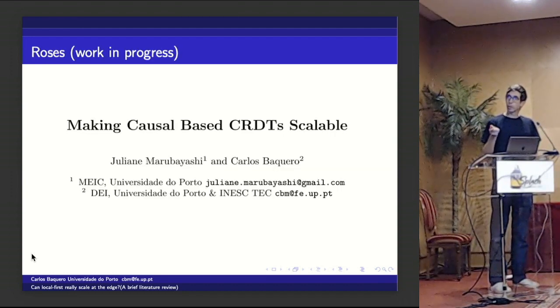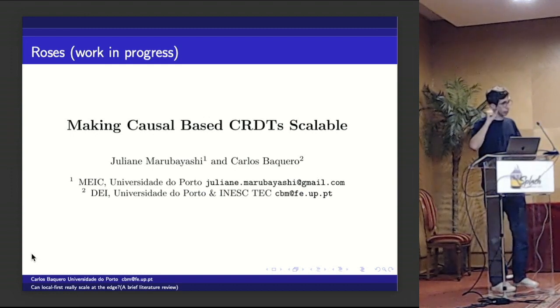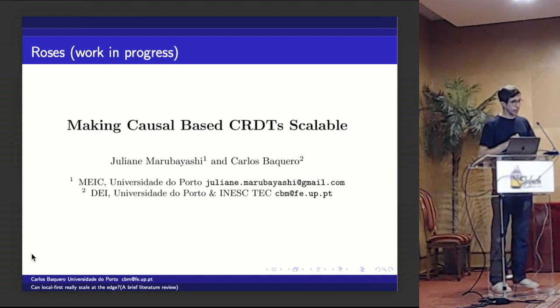So this is ongoing work. This is already working for a given setting. It was presented at a local conference. And what we try to do is the same trick that we did for counters, we do it for causal CRDTs. So we did it for add-wins sets, and this also works for multi-value registers and for remove-wins sets, although we don't have it working.